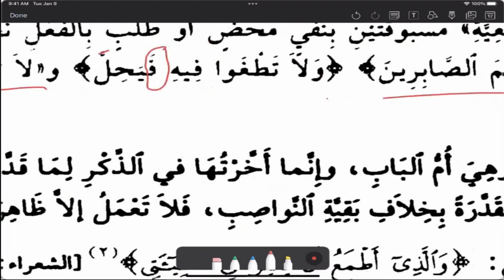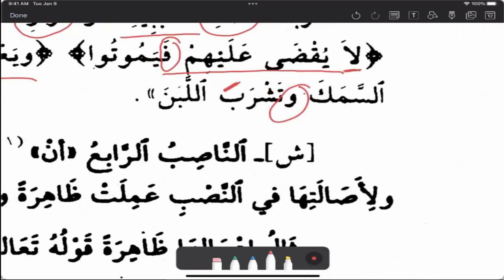لا تأكل السمك وتشرب اللبن. So what the meaning is, وأن تشرب. Don't eat the fish, with that you drink milk. But you're going to hide the that part. Don't eat fish with drinking milk. Why?